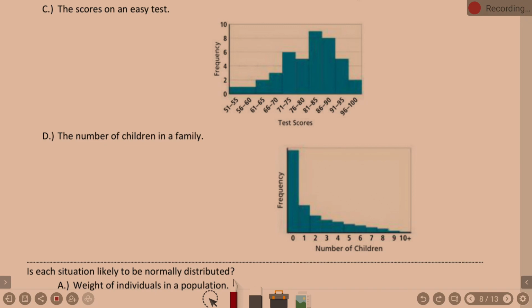Now, the idea here, scores on easy tests, what's going to happen? It's likely to be something like that, where you've got fewer at the left and more at the right. This is not symmetric. It's not a normal distribution.